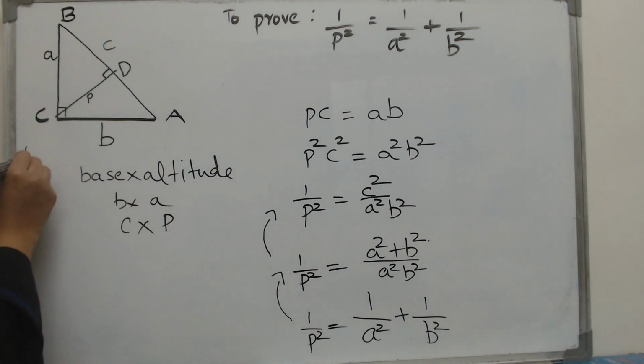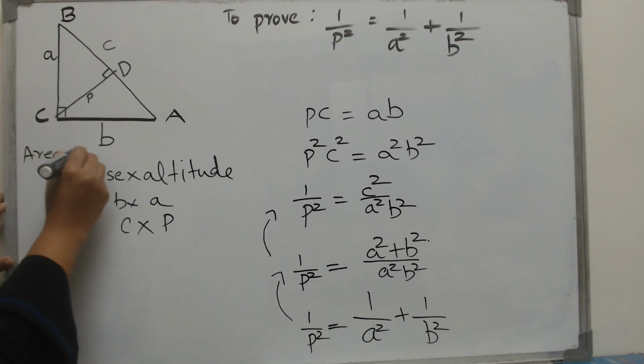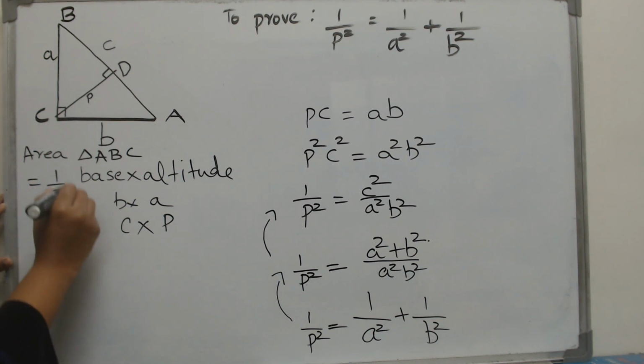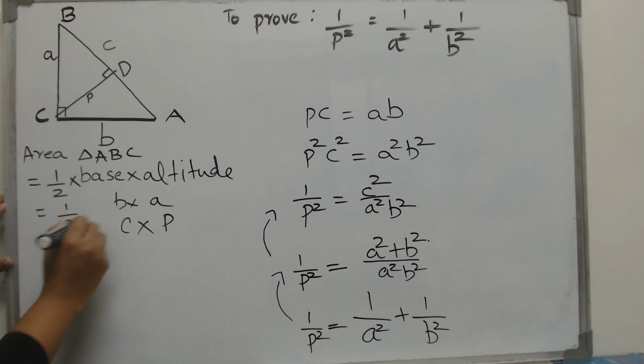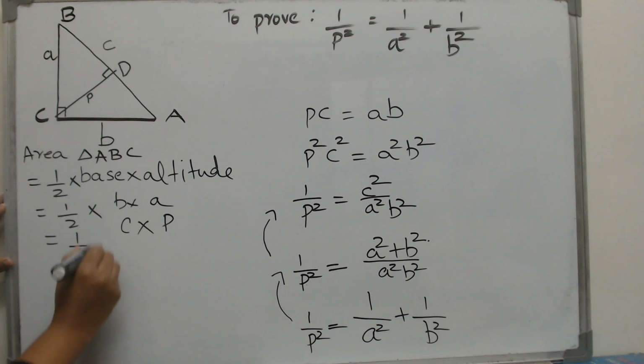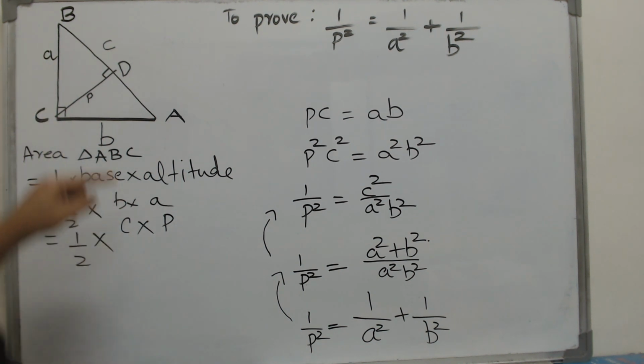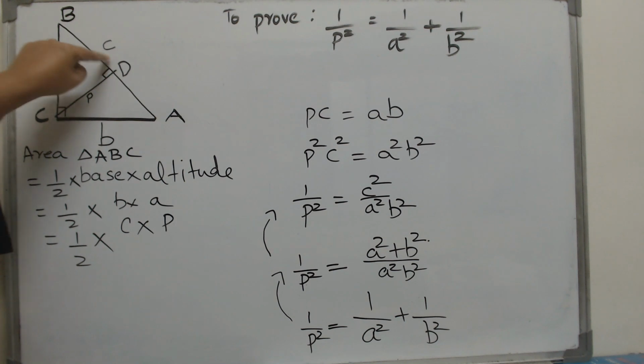When you consider the area of a triangle ABC, it is given by half into base into altitude. This is where we have seen that the area of a triangle, the same triangle, can be expressed in three ways, because it has three vertices.